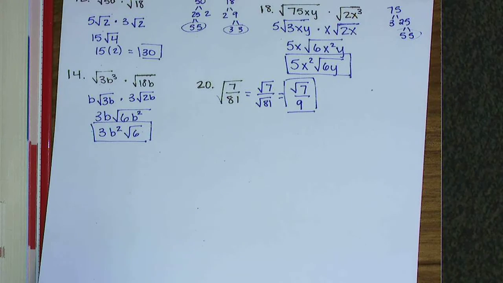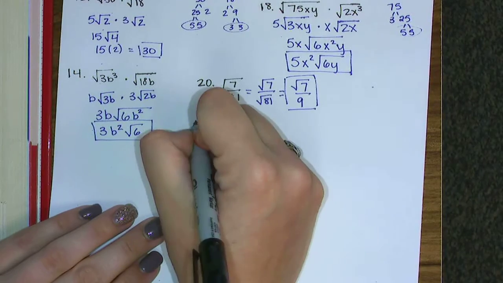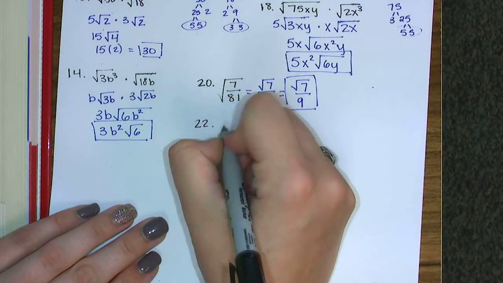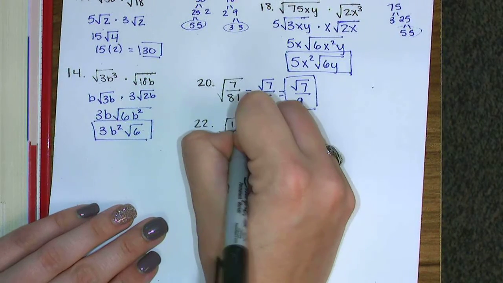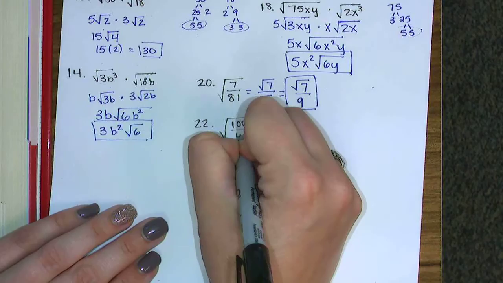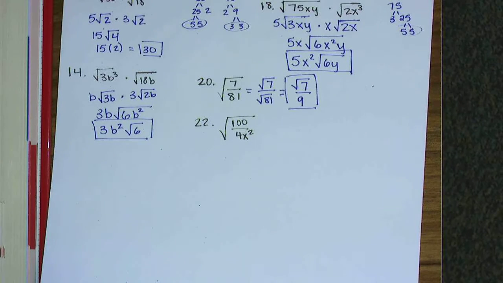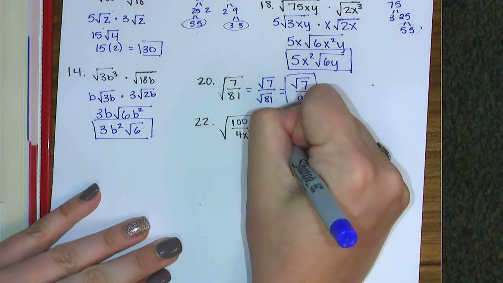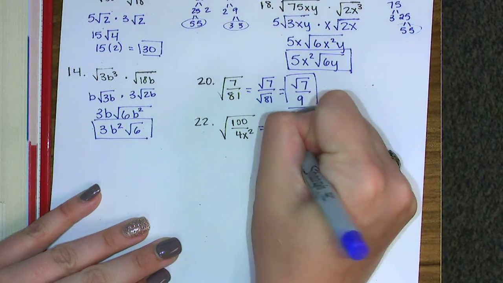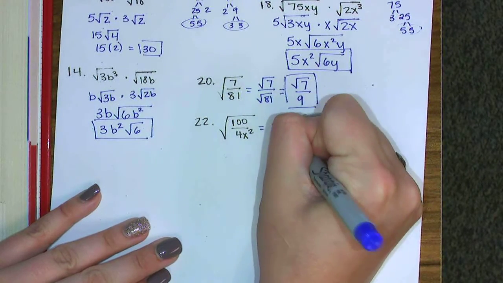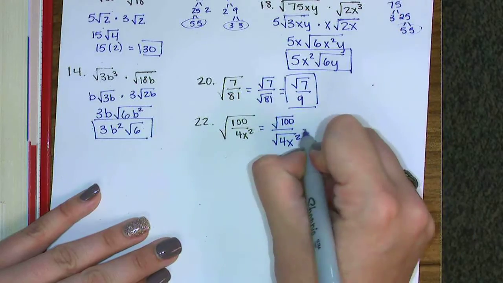The last one of this type, 22, is the square root of 100 over the square root of 4x squared, so this one, by the property, we can break it up to be the square root of 100 over the square root of 4x squared. Square root of 100, hopefully you know that that's 10.